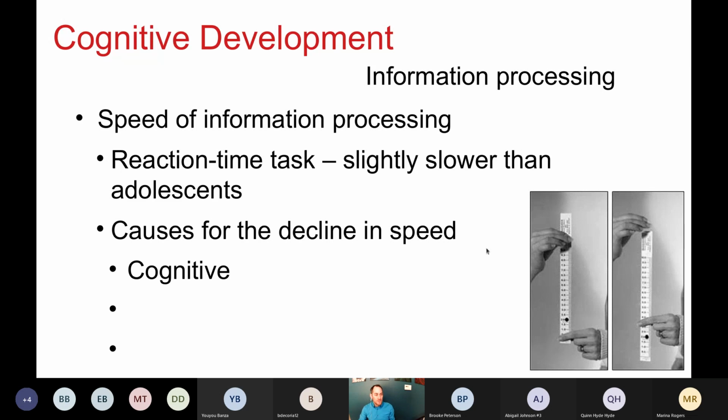So there's cognitive causes for that decline in speed, and a lot of it's just neuroanatomical. We've talked about myelin speeding things up. If there's a lack of myelin, for example, in diseases like multiple sclerosis, myelin is basically going away. You're losing myelin around nerves, so your processing speed is going to be declining.